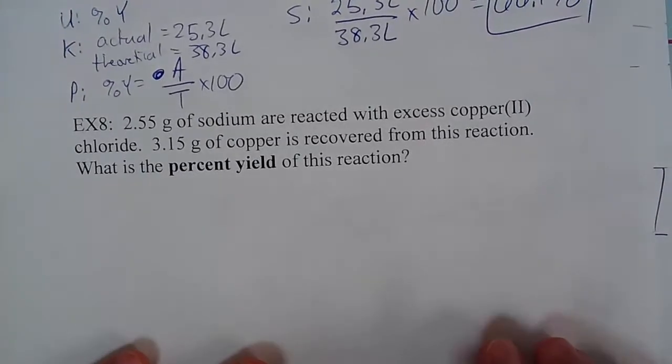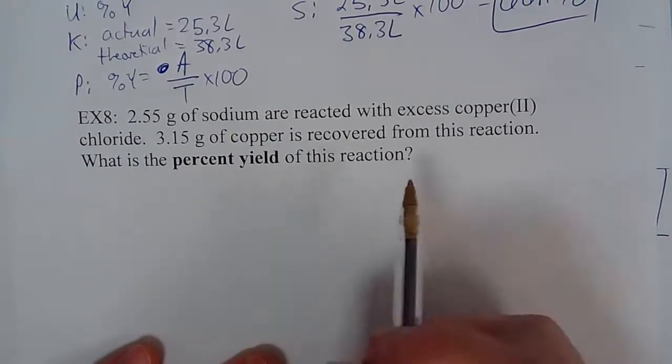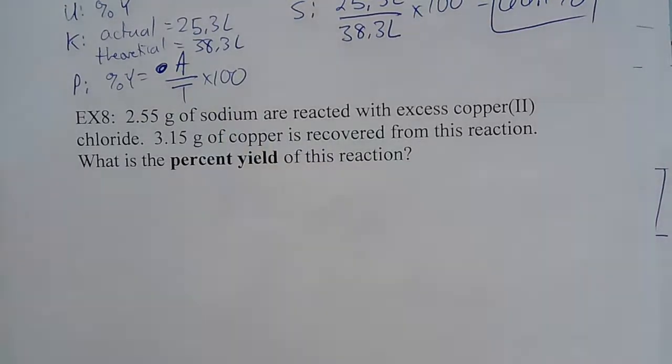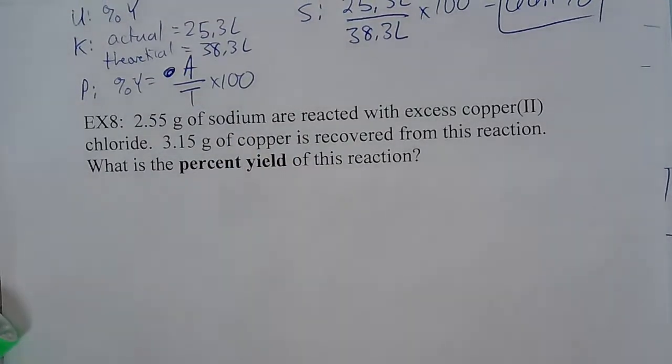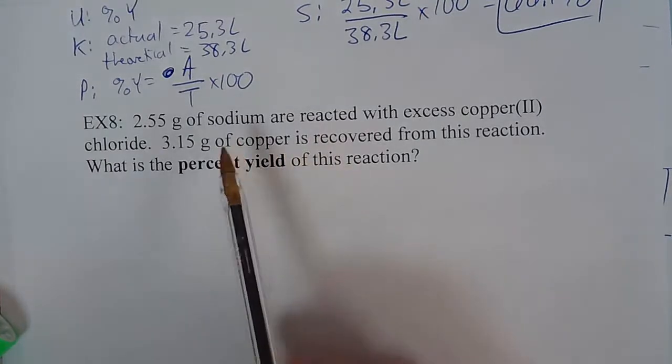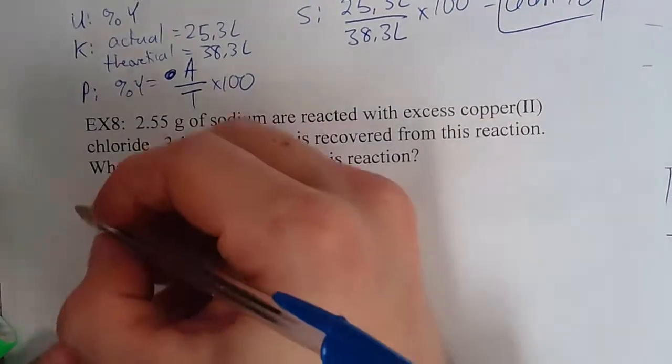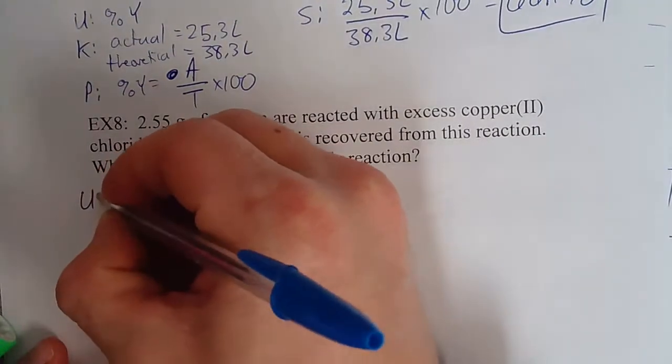Examples like number 8 are not as easy, because this one didn't give us the theoretical yield. They tell us that they recover some copper from the reaction. The copper that they recovered, that's the actual yield.